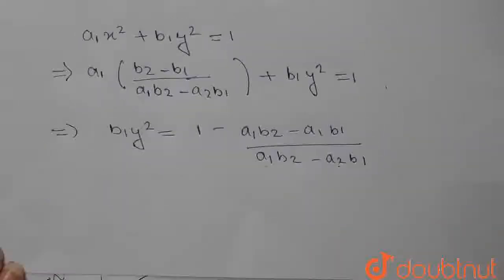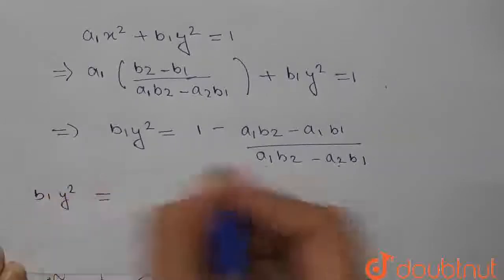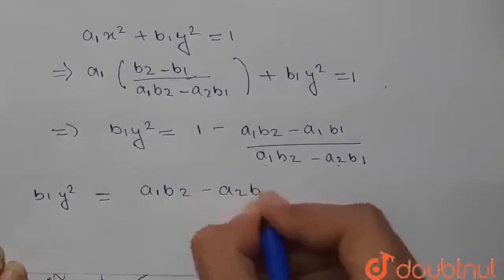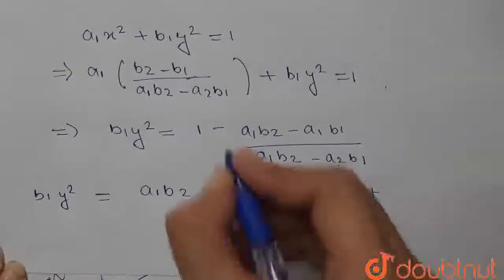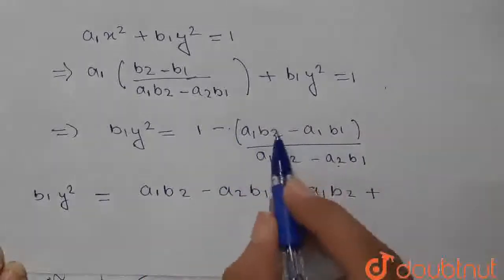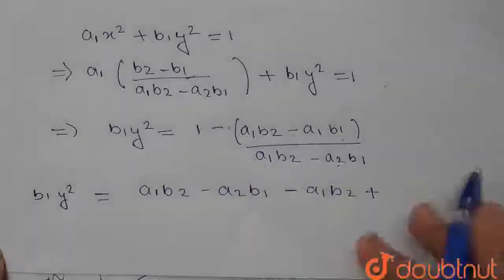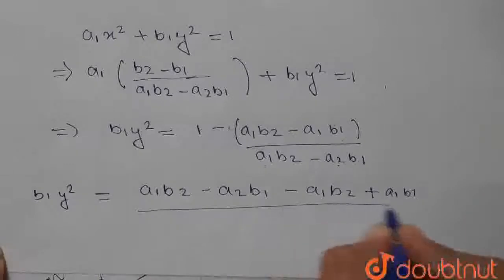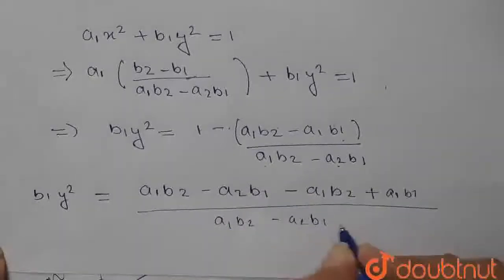Now we will take the LCM, so b1 y square will be a1 b2 minus a2 b1, then minus a1 b2, and then plus a1 b1, because we have subtracted the whole bracket, so minus multiplied makes it plus. In the denominator we have the LCM a1 b2 minus a2 b1.